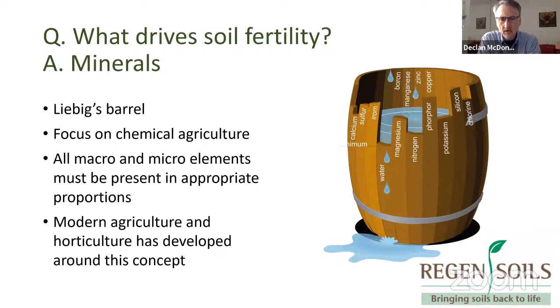Part of the reason for that is that it really put the control of fertility into our hands, where we could manage deficiencies really very simply through application of an appropriate fertilizer to address that deficiency, and thereby raise that lowest stave and increase the productive potential of our paddocks. Next slide.